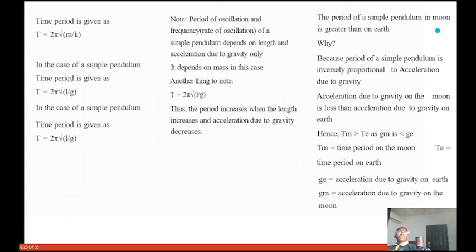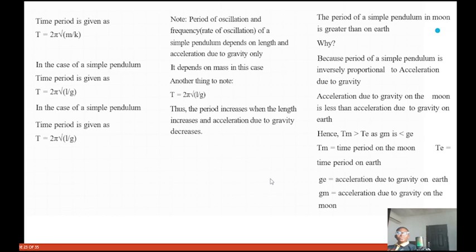So in the case of a simple pendulum, time period is given as 2 pi square root of L over g. Note, period of oscillation and frequency of a simple pendulum depend on the length. A simple pendulum is a type of simple harmonic motion. Why?